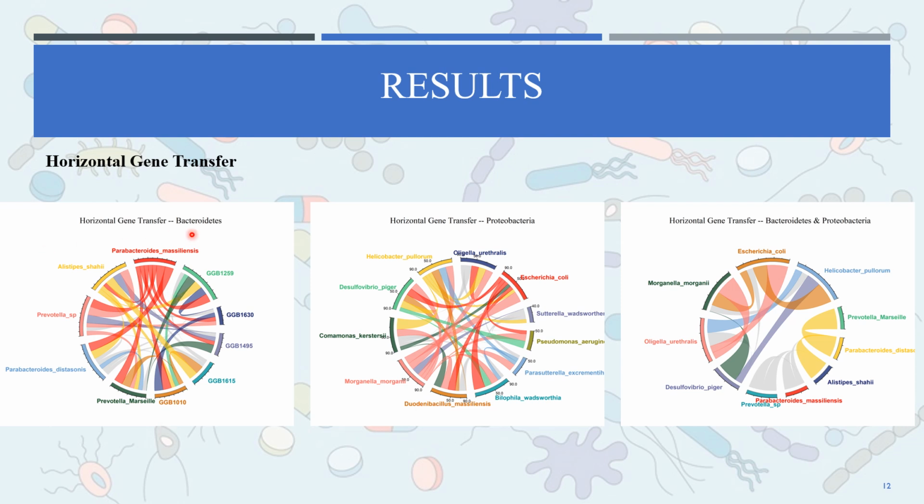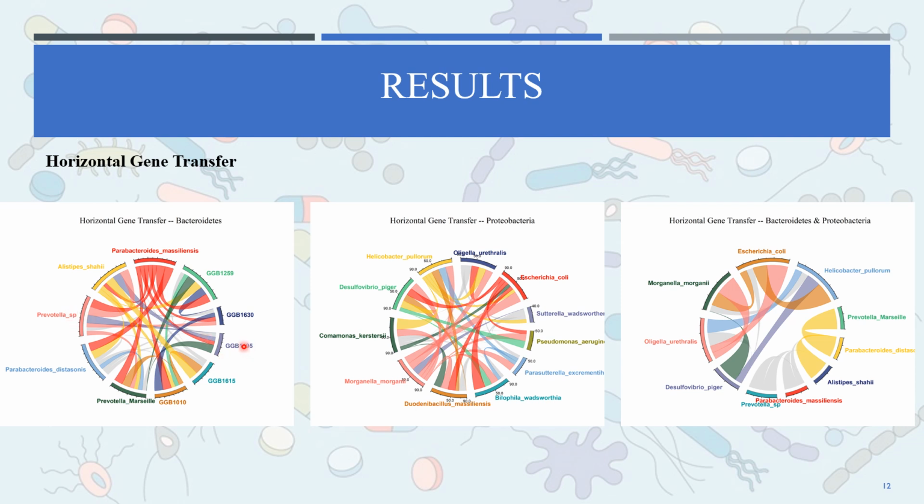So if you can see, this is Bacteroidetes containing Prevotella, as I was mentioning earlier, and all different species from the same phyla of Bacteroidetes. And this is from Proteobacteria, and as you can see, every map plot over here is the transfer of genes. So every mapping between two species, if you can see this Prevotella, and follow this blue line, it goes to GGB1495.